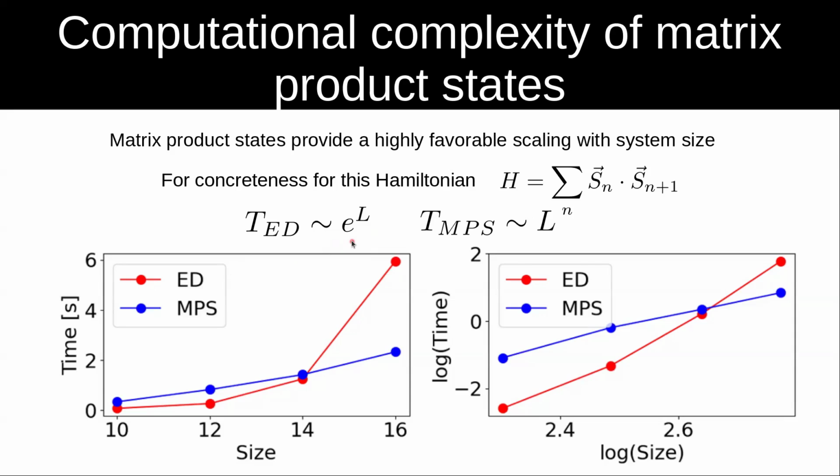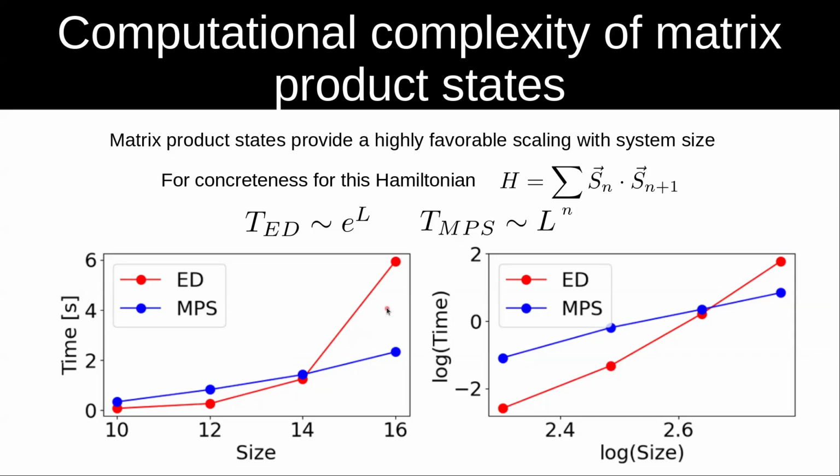And if you compute it with matrix product states, the time required to find the ground state increases roughly linearly with the system size, a little bit faster than linearly, but almost linearly. What's important to note is that once you are above something like 14 or 16 sites, matrix product states allow you to compute ground states faster than exact diagonalization.